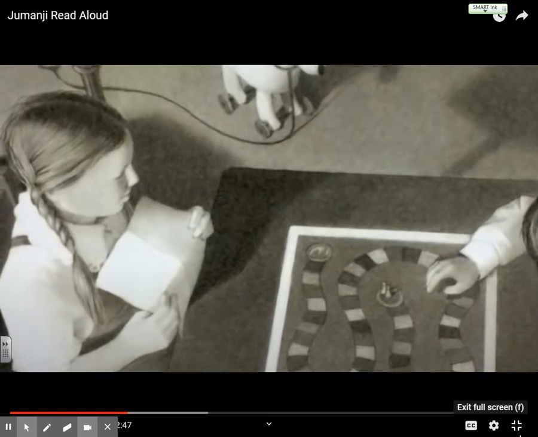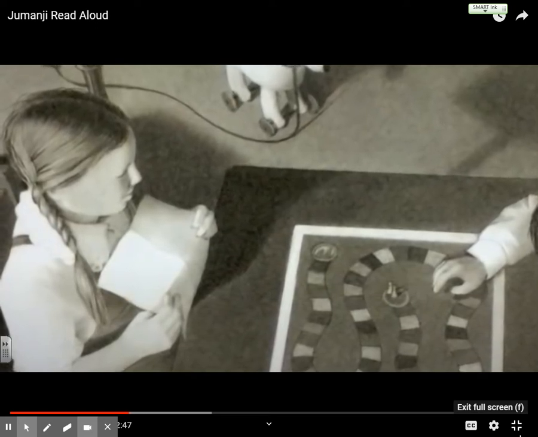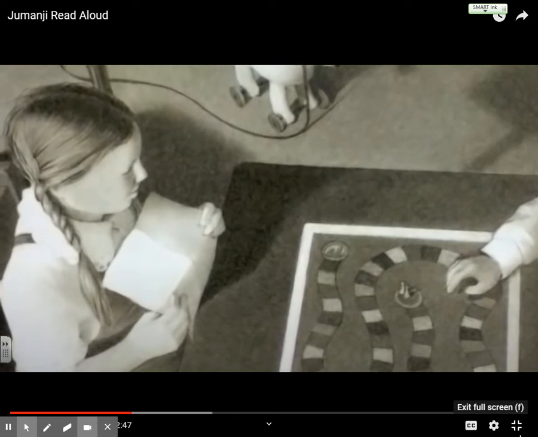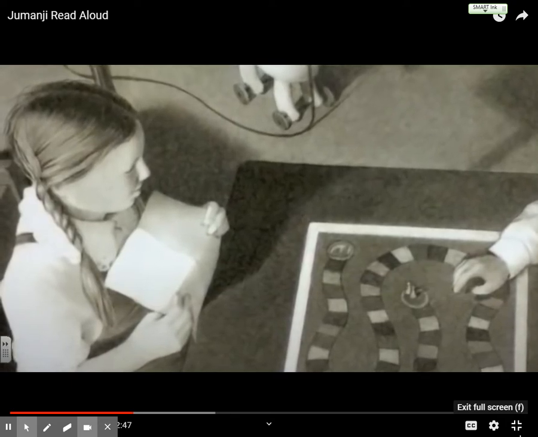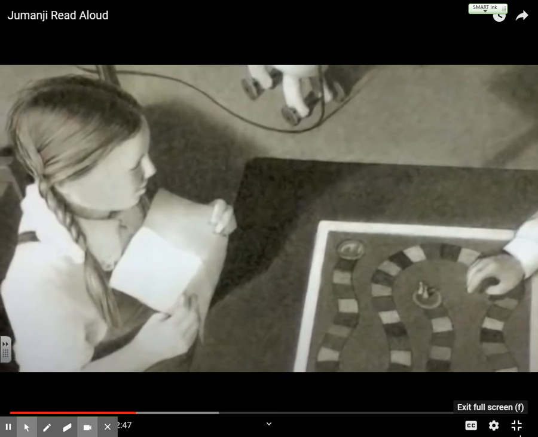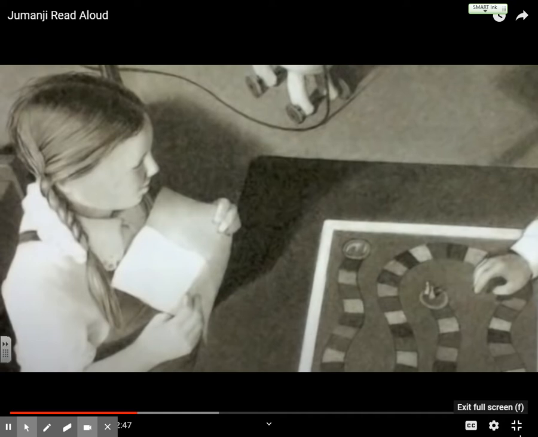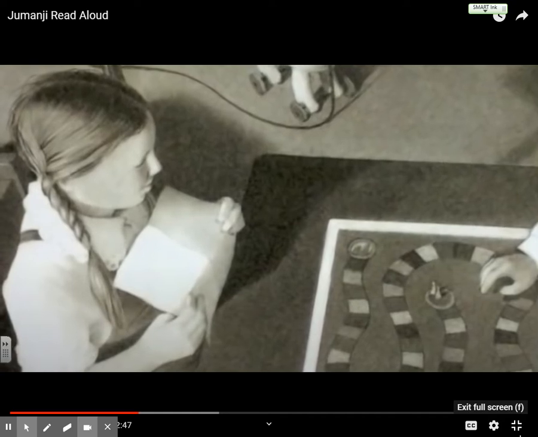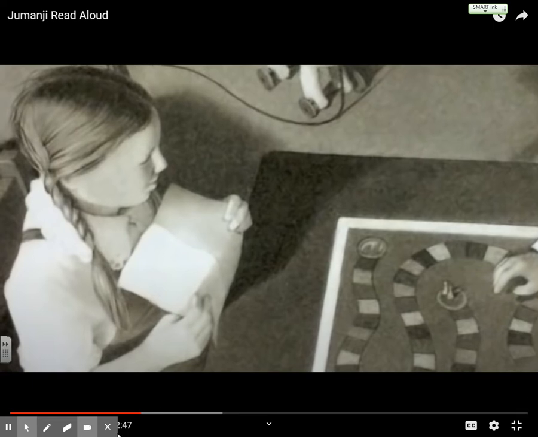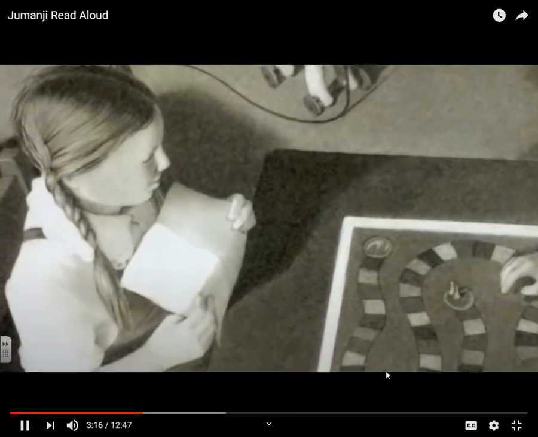C. First player to reach Jumanji and yell the city's name aloud is the winner. Is that all? Asked Peter, sounding disappointed. No, said Judy. There's one more thing, and this is in capital letters. D. Very important. Once a game of Jumanji is started, it will not be over until the player reaches the Golden City.